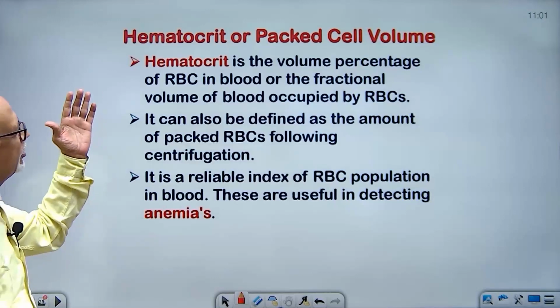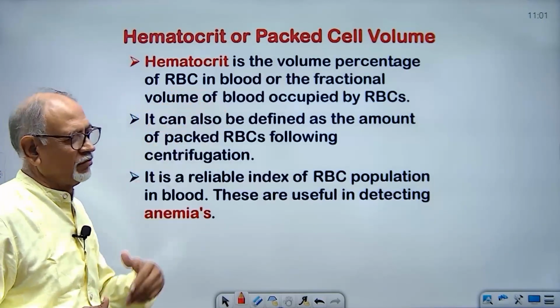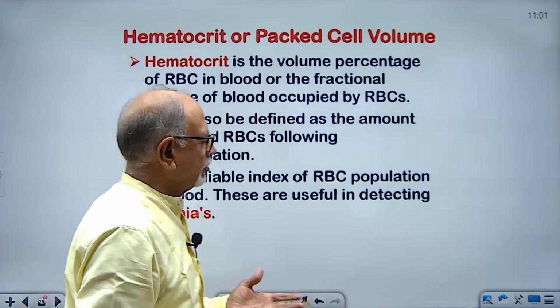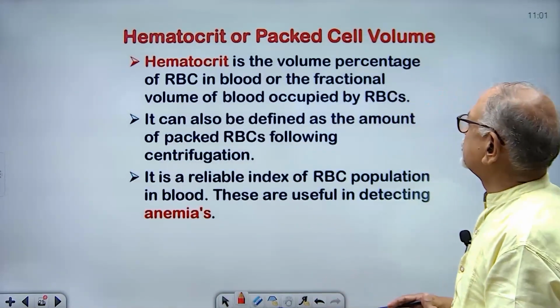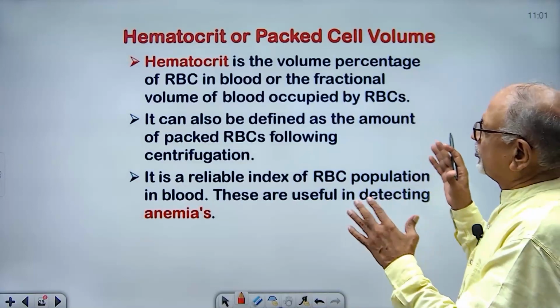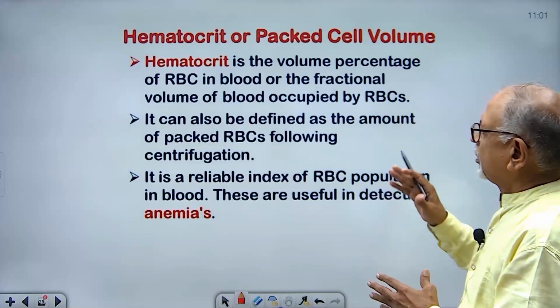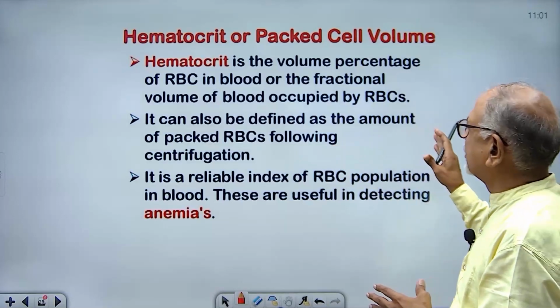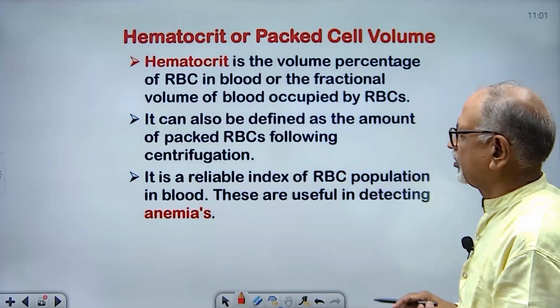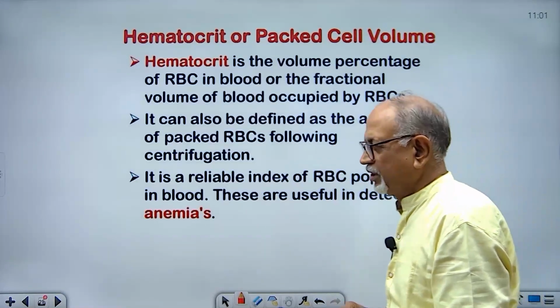Now, hematocrit or packed cell volume. It is the percentage of RBC in whole blood. It can also be defined as the amount of packed RBCs following centrifugation.